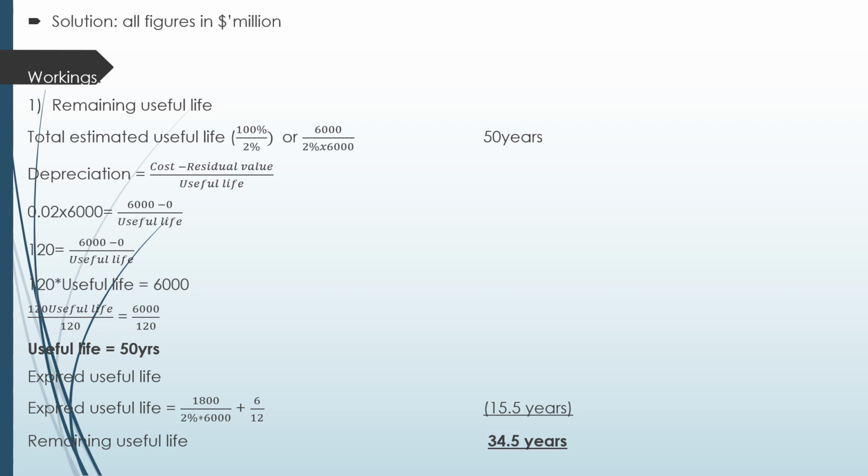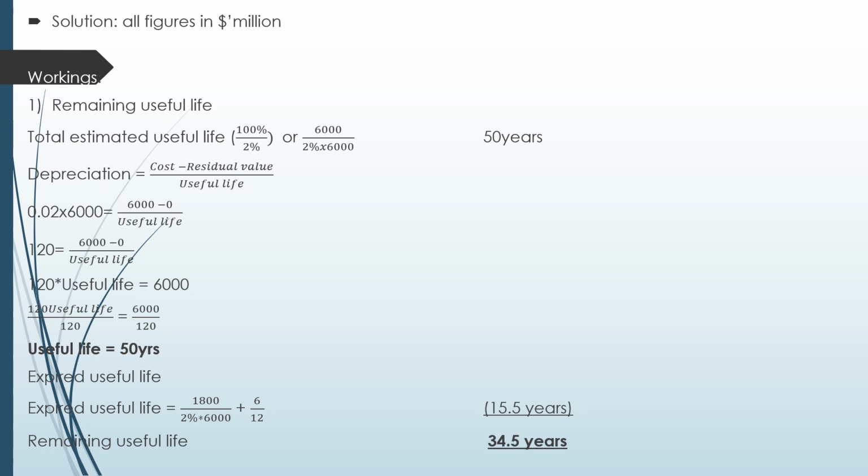Our depreciation has been given to us as 2% times 6,000, which gives 120, and the cost is 6,000. In the question, we've not been given any residual value, so the value will be 0.